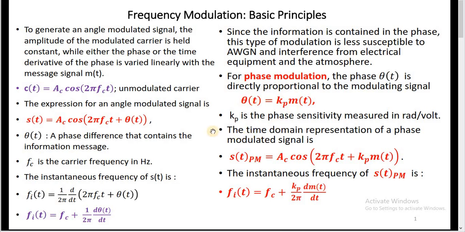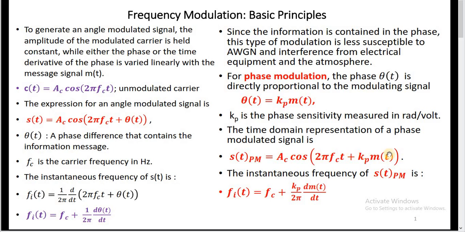As such, the time domain representation of a phase modulated signal is this equation, s of t equal Ac cosine 2 pi fc t plus Kp m of t. So this is the standard equation for a phase modulated signal, a constant amplitude, and the phase difference theta of t is proportional to the message signal.